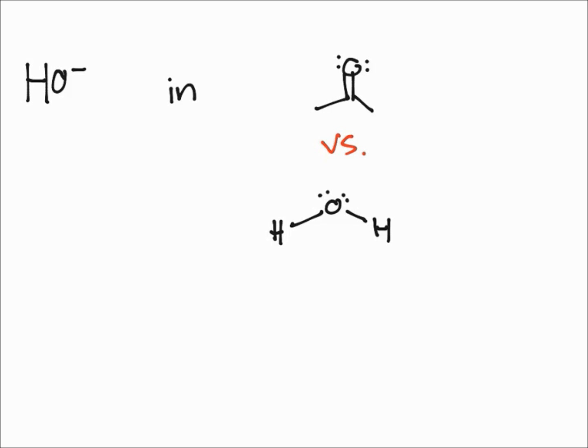As we know, acetone is a polar aprotic solvent, while water is polar protic. As we talked about before, protic and aprotic essentially differ in the amount of hydrogens available in the solution.